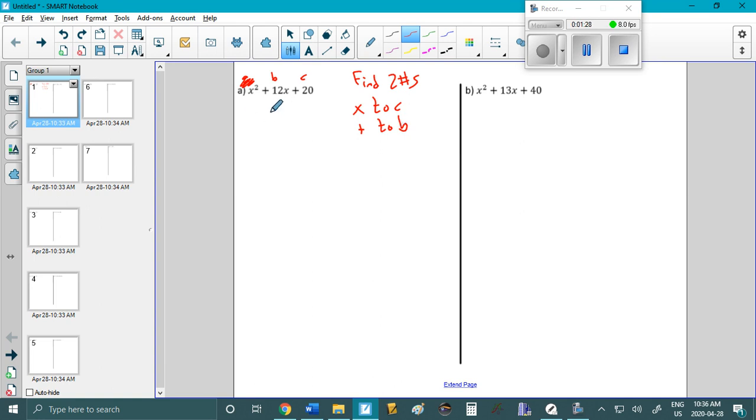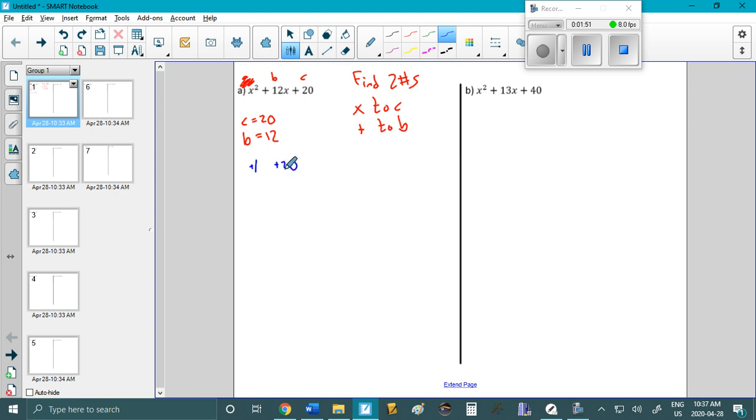So in the first case here, C equals 20, B equals 12. So we need numbers that multiply to 20 and add to 12. In this case, everything's positive, so we know we need two positives. So I do 20 divided by 1, and I get 20. So plus 1 and plus 20. And then I check them.